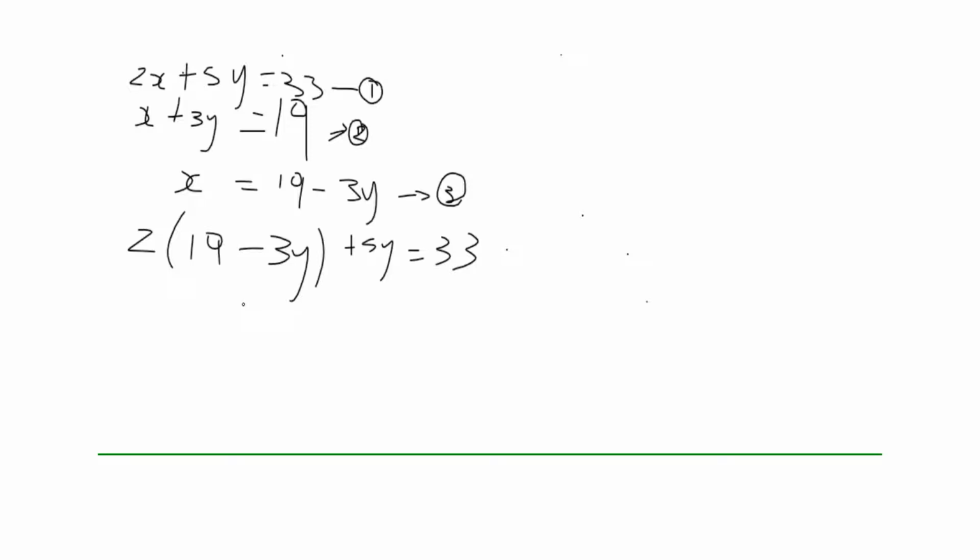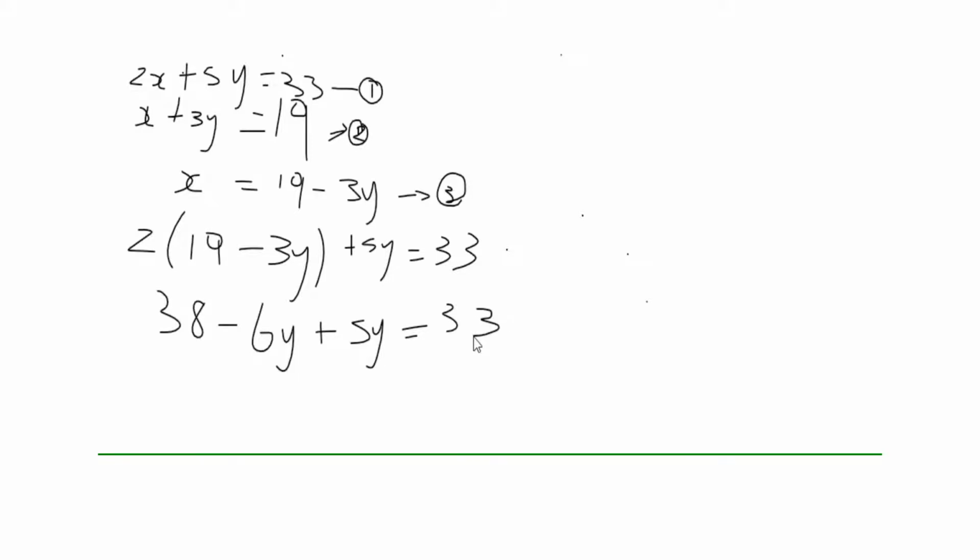We multiply the 2 times the 19, and that gives us 38, minus the 2 times the 3y, that's 6y, plus 5y equals 33.